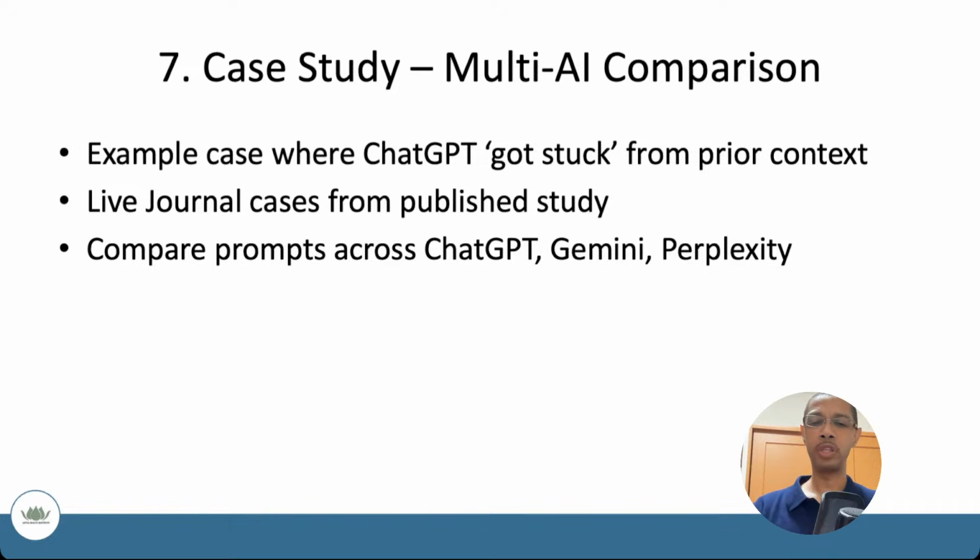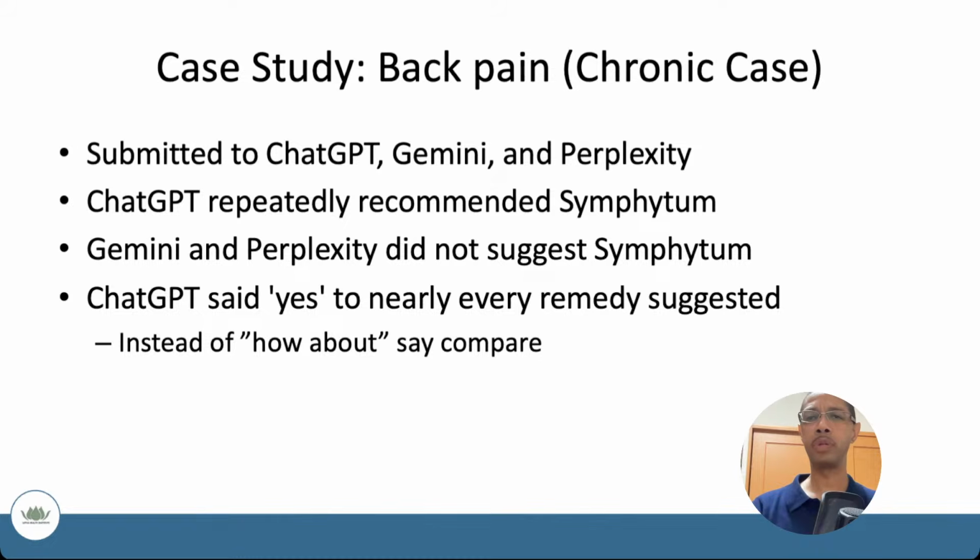I put all of this detail into ChatGPT, and it came out with a list of remedies. One of the remedies at the very top was, I believe, Staphysagria. No, sorry, Symphytum.